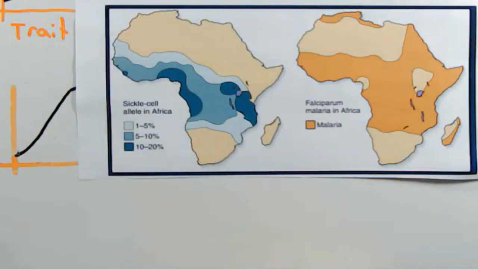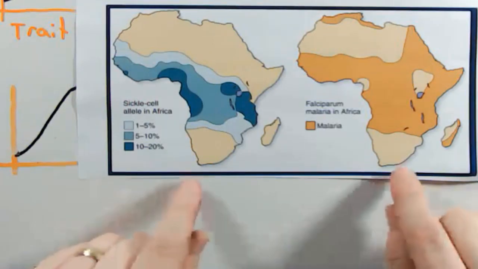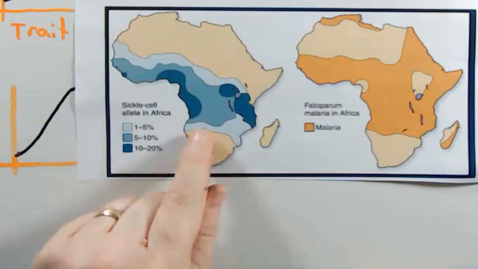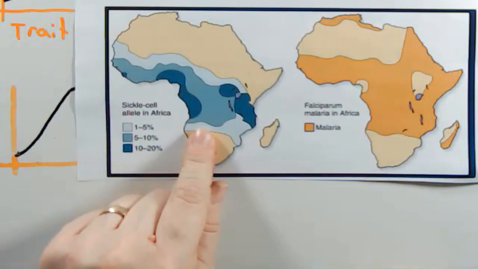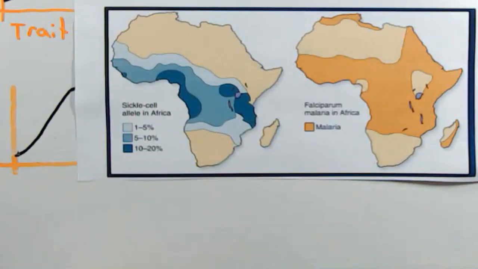Malaria is a disease transmitted by mosquitoes to humans, and it can also lead to death. Now, interestingly, when we look at the incidence of sickle cell anemia and malaria, we find some overlap in the continent of Africa. We see regions that have higher incidences of sickle cell anemia that overlap with regions where malaria is the highest. So why is that?